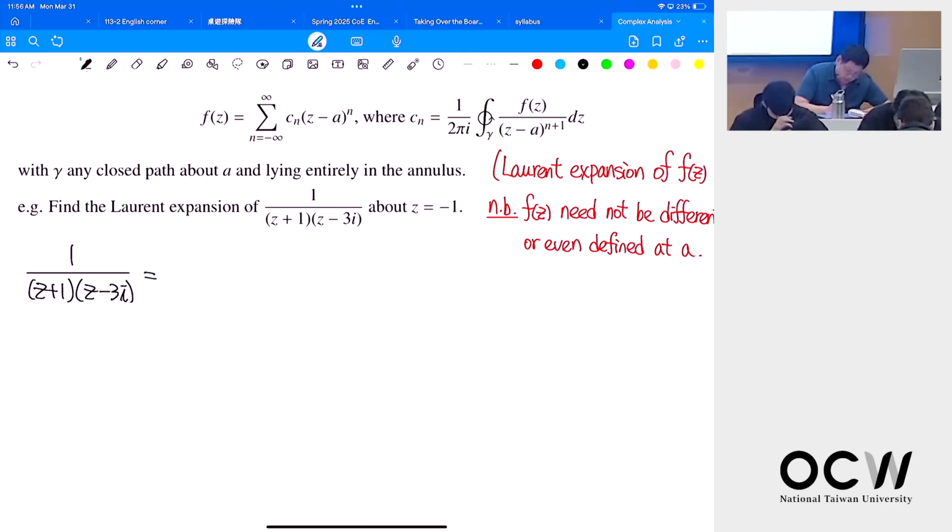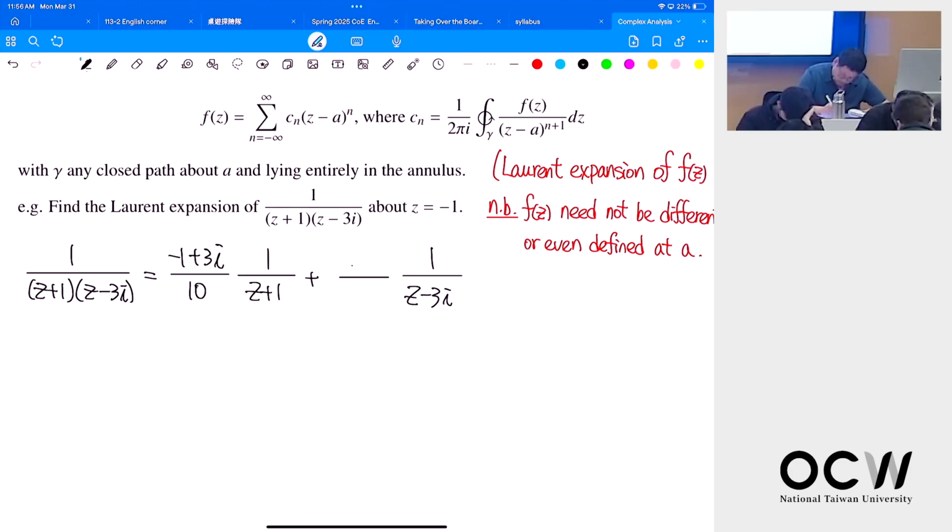One is the 1 over Z plus 1 part, and the other one is the 1 over Z minus 3I part. Okay, and then the coefficient here. This is the coefficient.